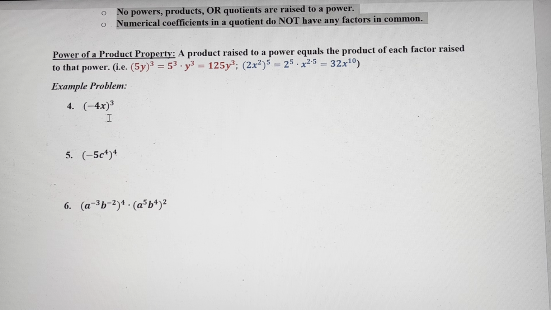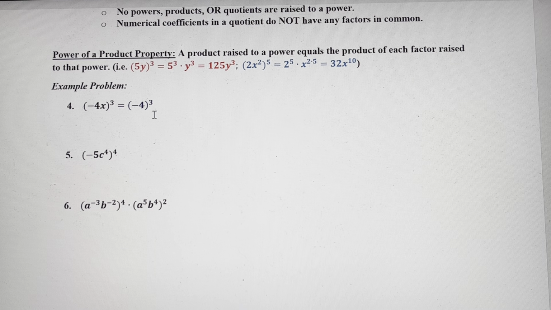So in number 4, our product is -4 times x. Now I purposely put negative numbers here with an even power and an odd power in problems 4 and 5, just to show you how to deal with negatives. Up here in these examples, I showed you how to deal with positives. But again, notice the -4 and the x both have to be raised to the third power.